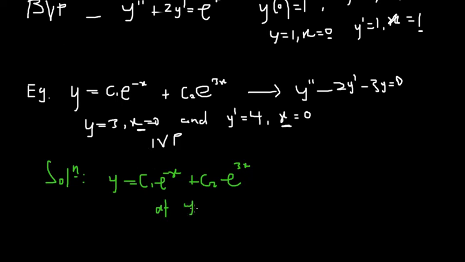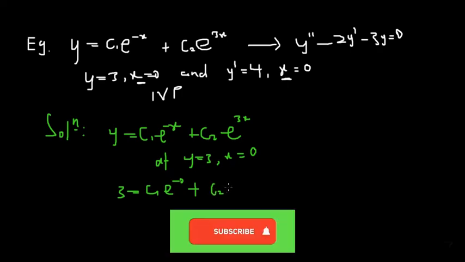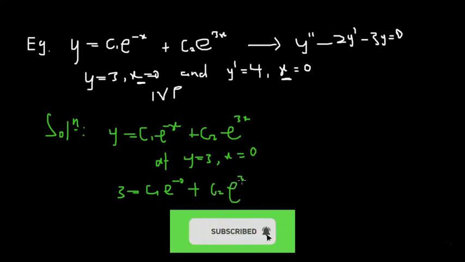We have y equals 3 and x equals 0, so 3 equals c1 e exponent minus 0 plus c2 e exponent 3 times 0.